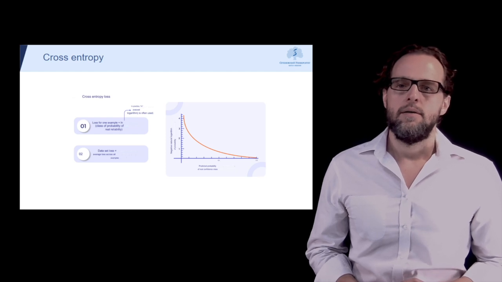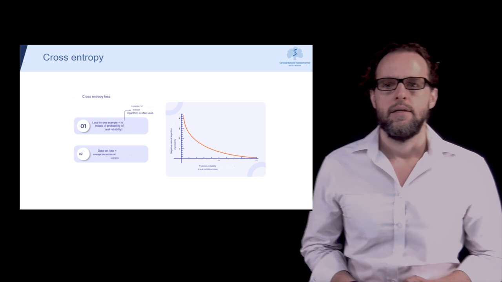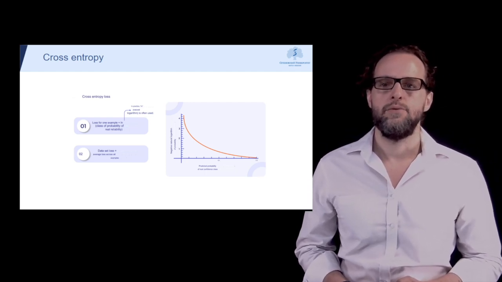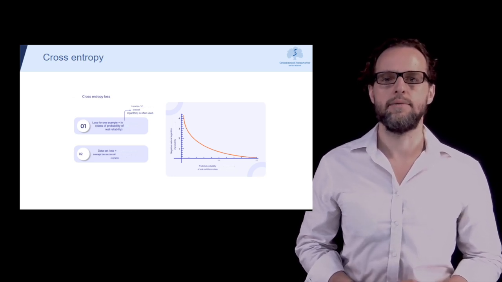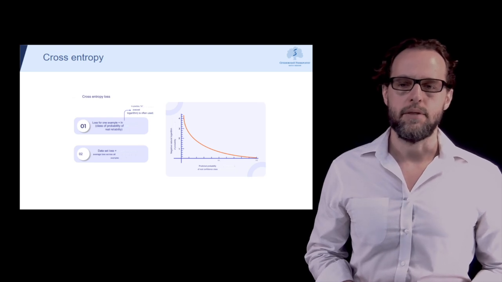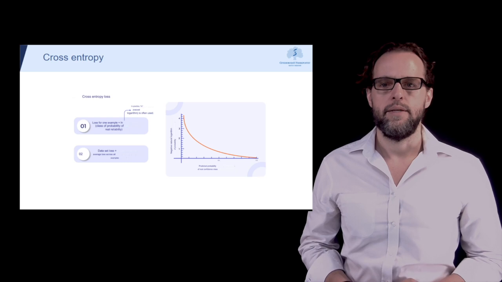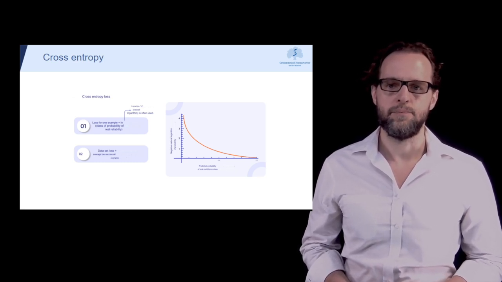So a logarithm value close to 0 is a large negative number. Since we are using a negative logarithm, the value becomes a large positive number. The negative logarithm of a value close to 1 is close to 0.